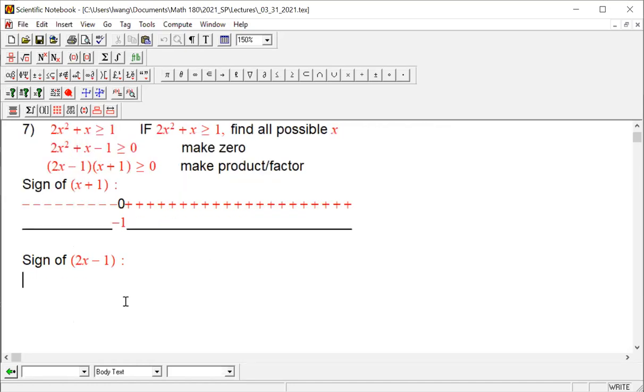Where does this number change sign? 1/2. Perfect answer. And what is the sign of 2x minus 1 when x assumes values less than half?